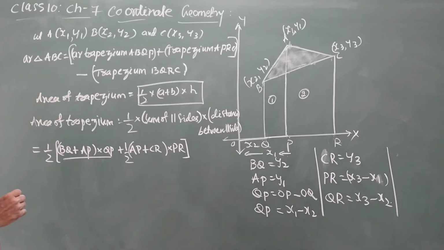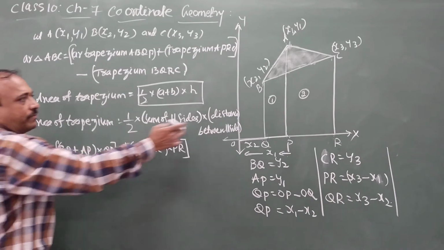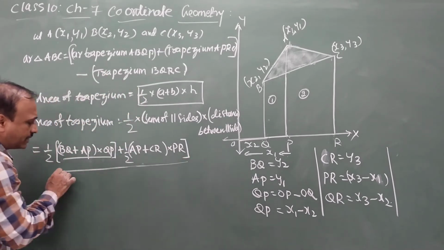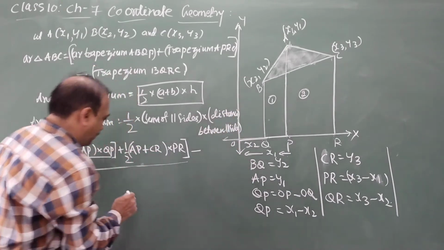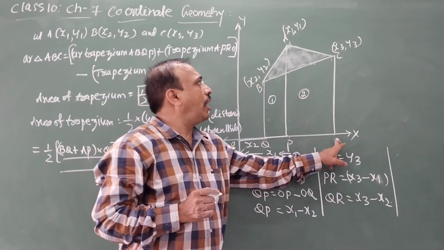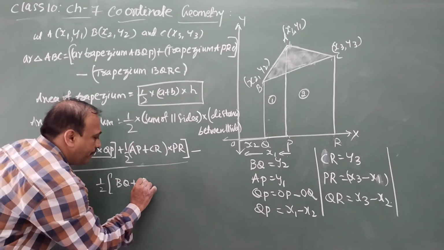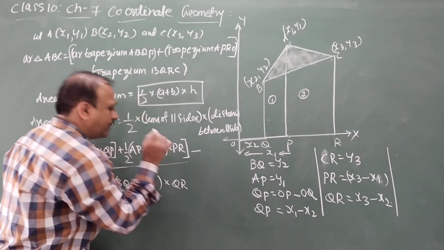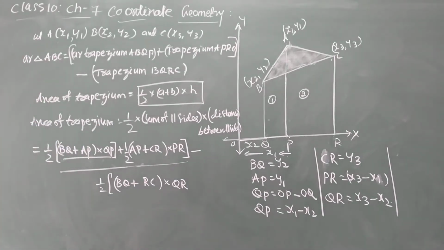These two we add, then subtract the area of trapezium BQRC: half into (BQ plus RC) into the altitude QR. Then we get the area of the triangle.